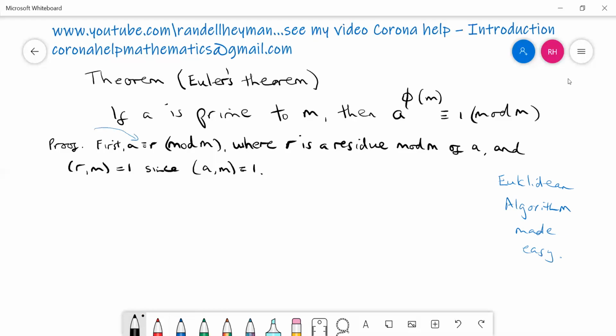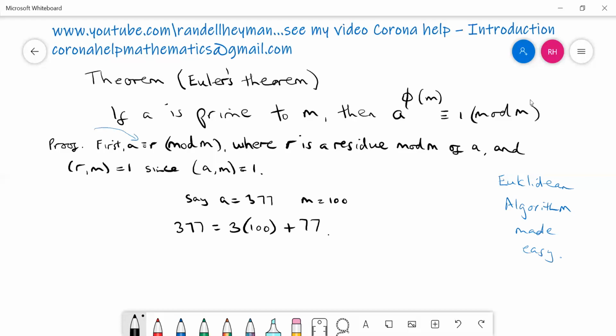What we're considering here is a situation where A is bigger than M. Let's say A is equal to 377 and M is equal to 100. If we apply the Euclidean algorithm, we take the bigger one, 377, and say that's 3 times 100 plus 77.